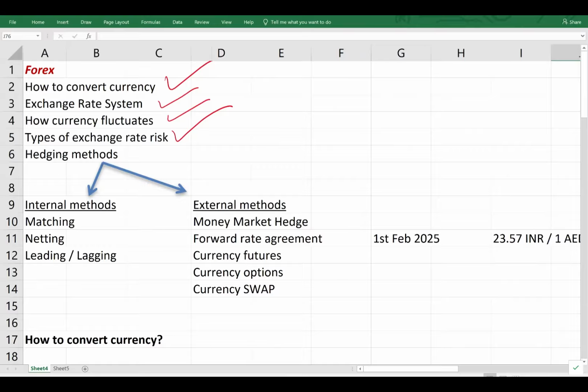So the prime reason behind the fluctuation of the exchange rate is demand and supply, but demand and supply will be impacted by many factors like inflation, taxation, interest rates, public perception, speculation, and many other factors. And then lastly, the last topic in this chapter is hedging methods.